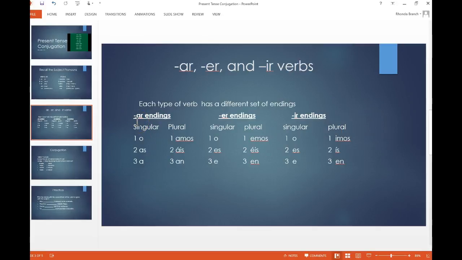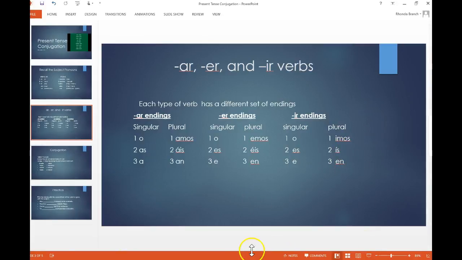For instance, your AR endings for your singular and plural side are as follows: o, as, a, amos, áis, an. For ER, it's almost identical. The O is still the same. Then it goes into es, e, emos, éis, en. For IR endings: o, es, e, imos, ís, en.